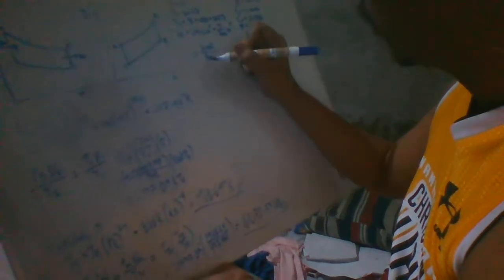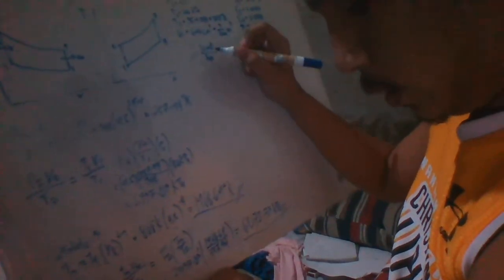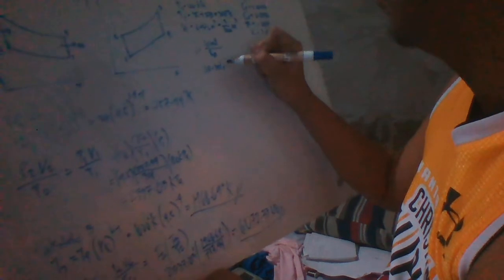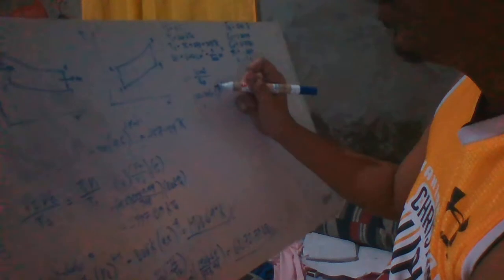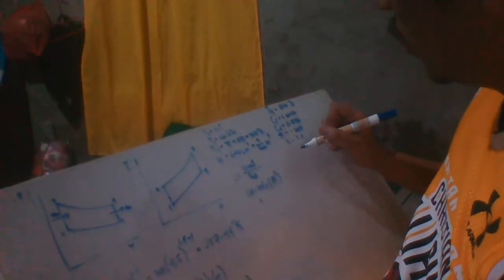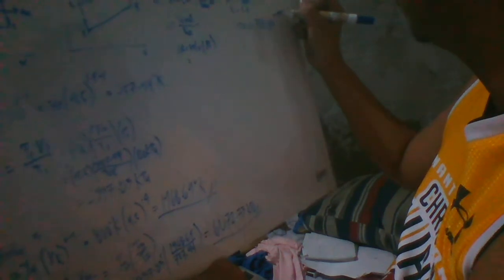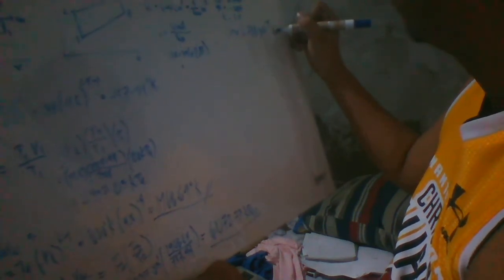Q added is m Cv delta T. Our mass, as I solved earlier, is 6.788 times 10 raised to negative 4 kilogram.